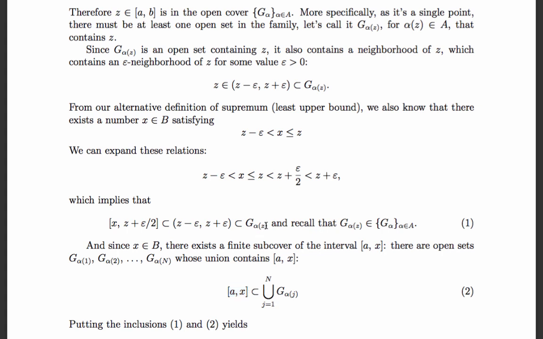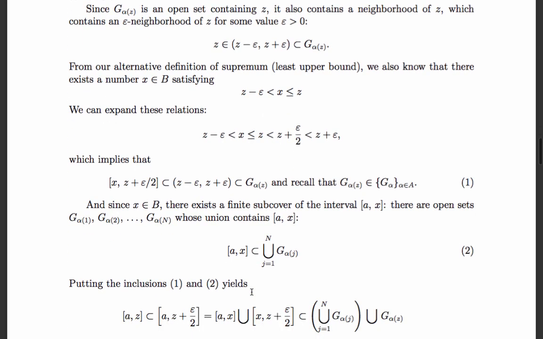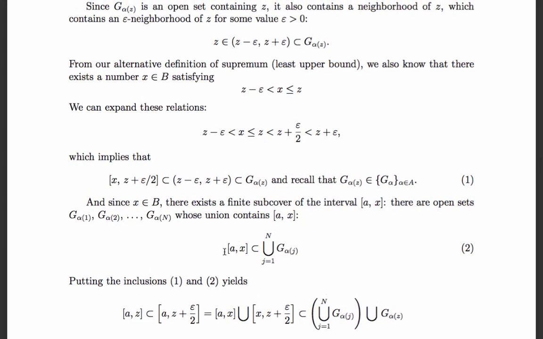Now, if I take this fact and this fact together, I get A to Z. Now remember that x is less than Z, so the interval A to Z is of course contained in the interval A to Z plus half epsilon. But remember, x is less than Z. So I can split this up as A to x, and then x to Z plus epsilon over 2.